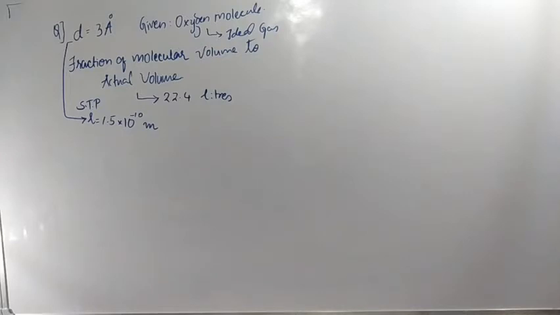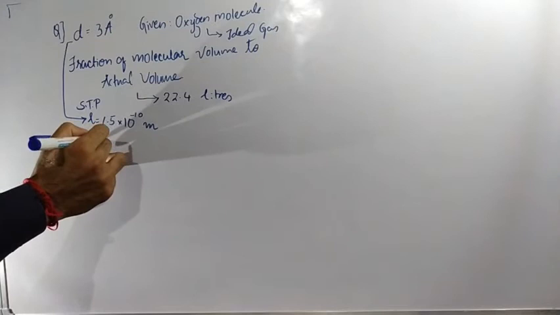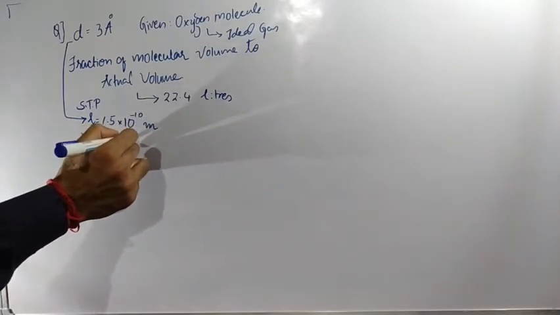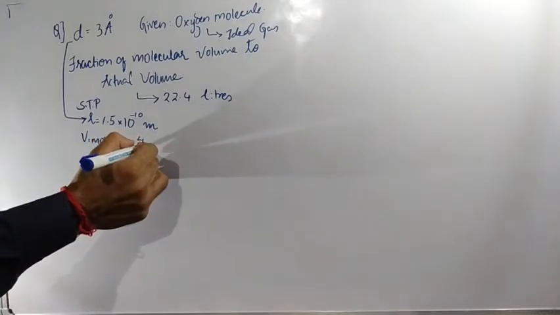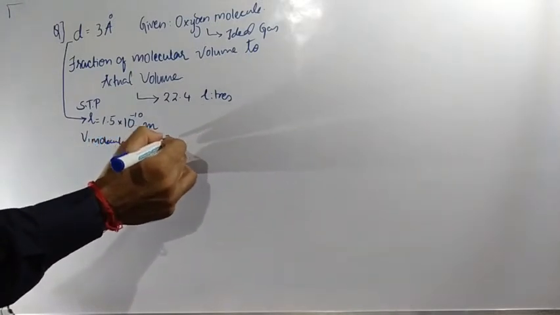Next, we calculate the volume for 1 molecule of oxygen, and finally we can calculate for 1 mole of gas. So how to calculate for 1 molecule? What is the volume of a sphere? It is 4 by 3 pi r cube.